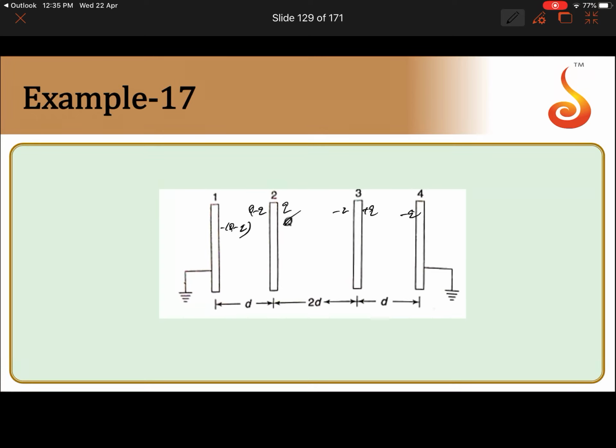So the fields here are E1, E2 and E3, and the fields will be like this. E1 will be equal to Q minus q by epsilon naught A, E2 will be equal to q by epsilon naught A, and E3 will be equal to q by epsilon naught A.